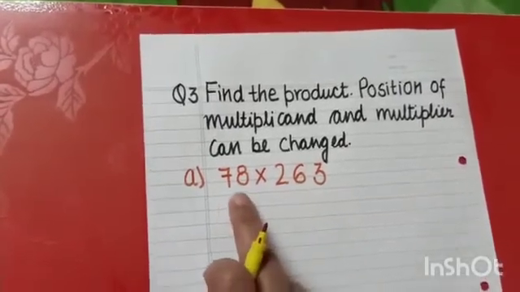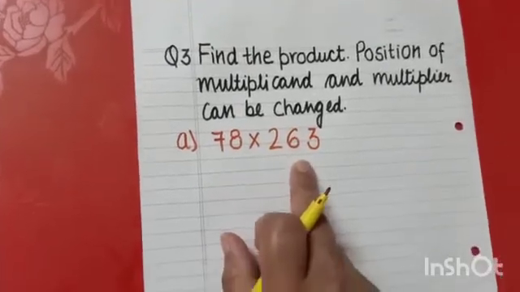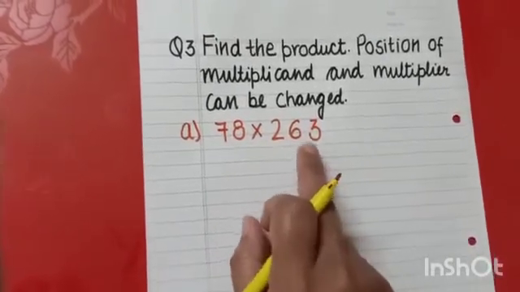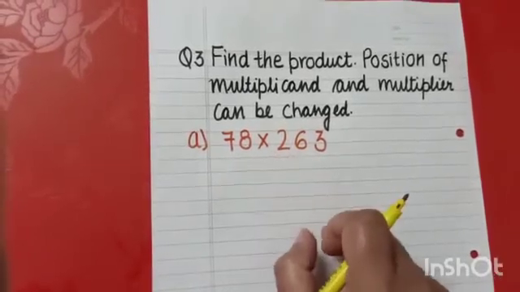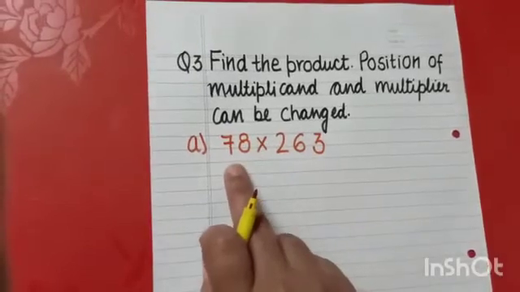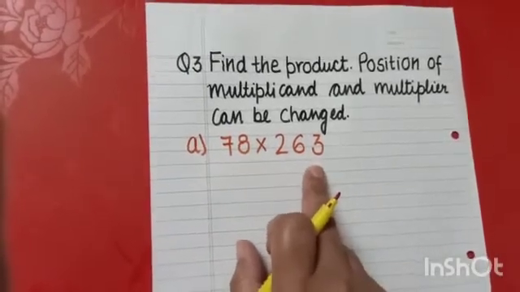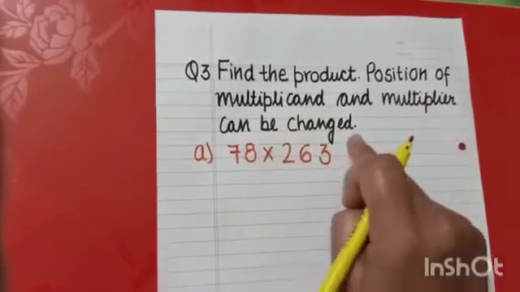This is a smaller number and this is a bigger number. When we write the bigger number on the top and smaller on the bottom, our multiplication becomes quite easy. So this is my multiplicand, this is my multiplier. So they are saying the position of multiplicand and multiplier can be changed.